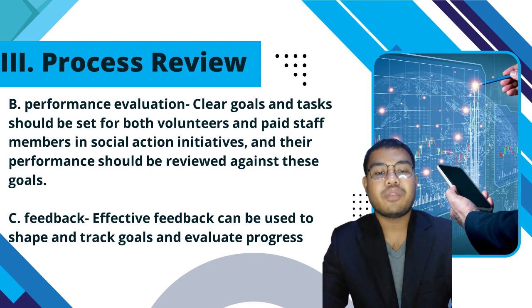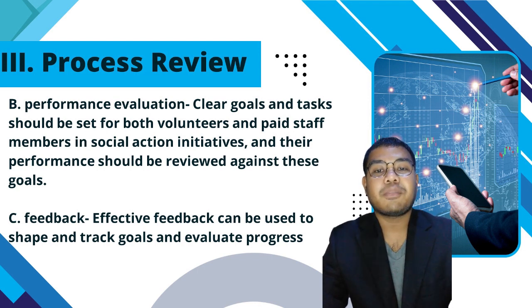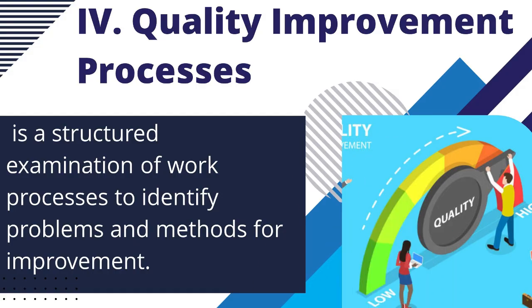Then the third one is feedback. Effective feedback can be used to shape and track goals and evaluate progress. It's very important to have feedback so you can determine your actions soon, or your actions may be corrected, or you will do something better through the feedback.